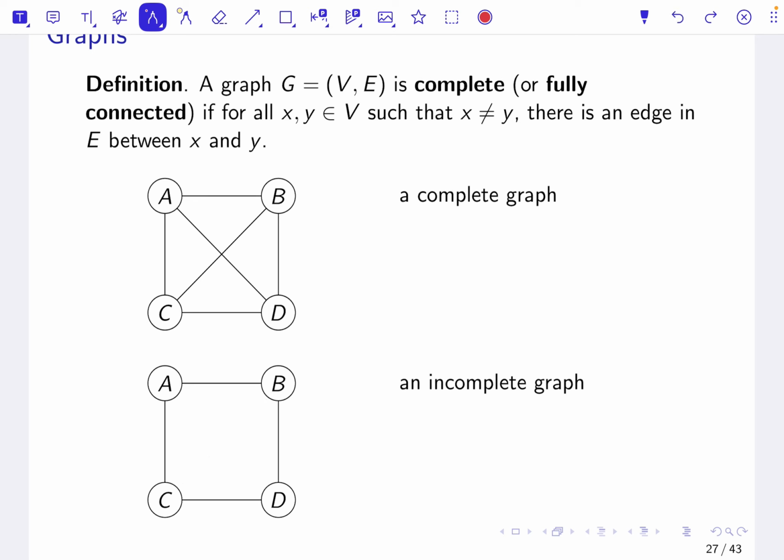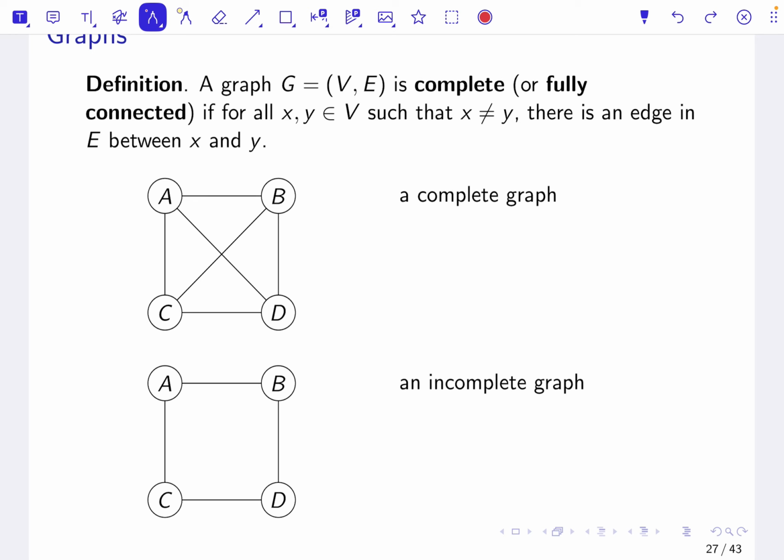Want to really drill these metaphors in. For transportation, these would be a bunch of cities that all have roads or highways connecting each other directly. And the other, you would have to go through some other city first. Reminds me of having to stop in Toronto before flying pretty much anywhere else.